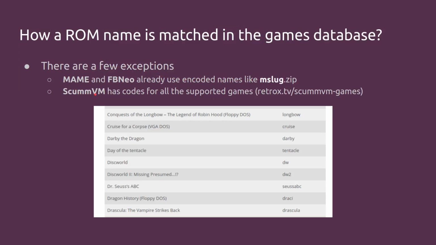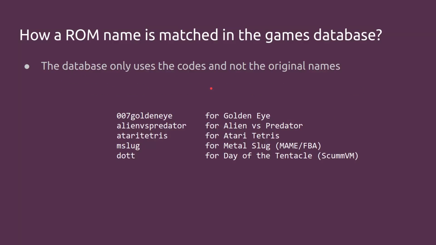ScanVM also has codes for all the games that are supported by the emulator, so there is no need to create new codes. If you go to retrox.tv/scanvm-games, you will see the list of games and the codes that are used to recognize these games.